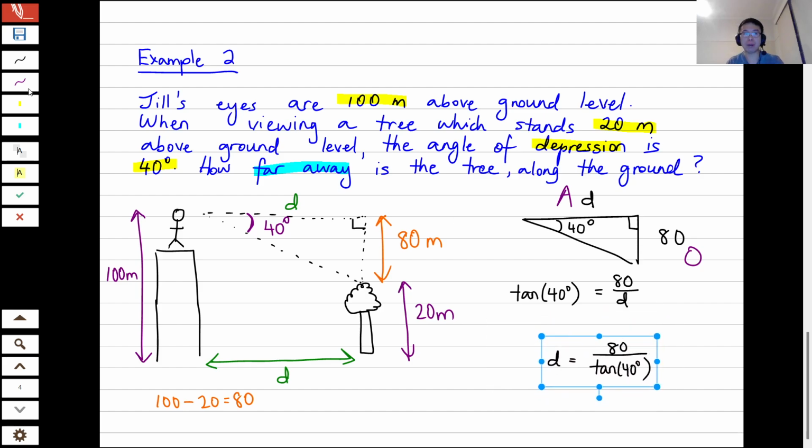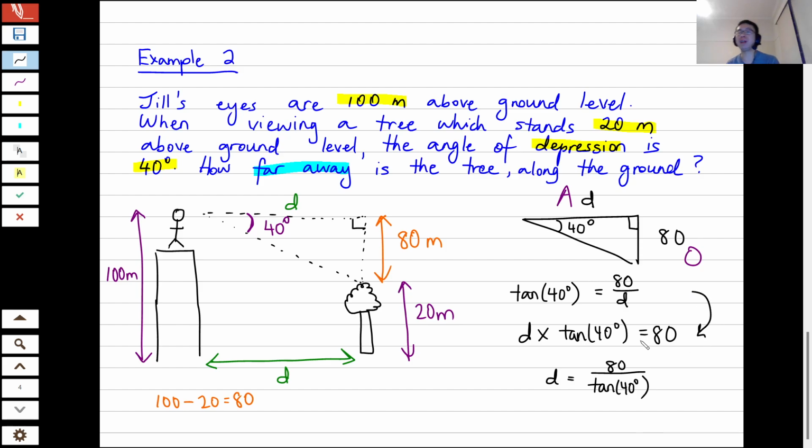If you're unsure how I got that step, I've skipped a step, and I could say D times tan 40 equals 80. To go from this step to this step, I multiply by D on both sides. And then to go from this step to this step, I divide both sides by tan 40. Okay, but you are welcome to go straight from this line to this line if you're not comfortable with the algebra.